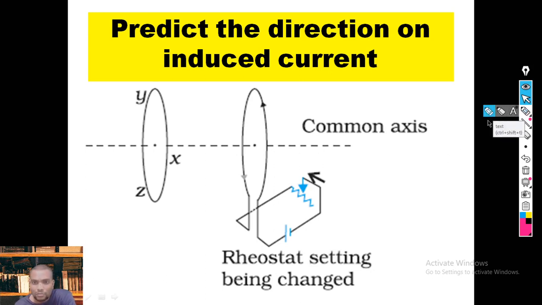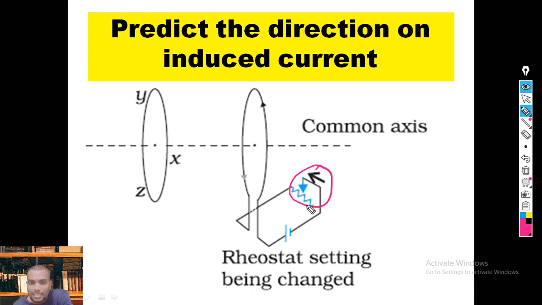Now let us try to apply the last case here. Suppose the rheostat setting is being changed. What happens if we change the rheostat settings? That increases current in the circuit. As the rheostat is adjusted, the resistance decreases and current increases.